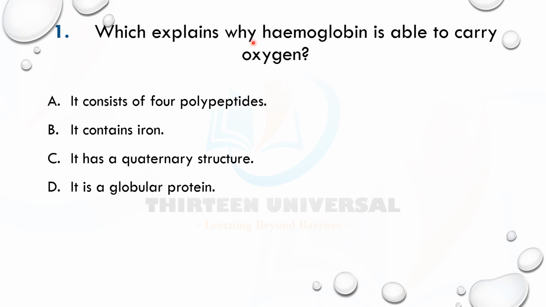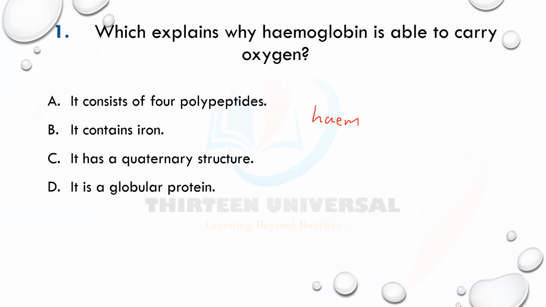And if you check, why is hemoglobin able to carry oxygen? Now hemoglobin is a respiratory pigment, an oxygen transport pigment. Don't forget that hemoglobin is a protein, but it has a prosthetic group. The prosthetic group is called the heme group. The heme group contains an iron 2 ion.